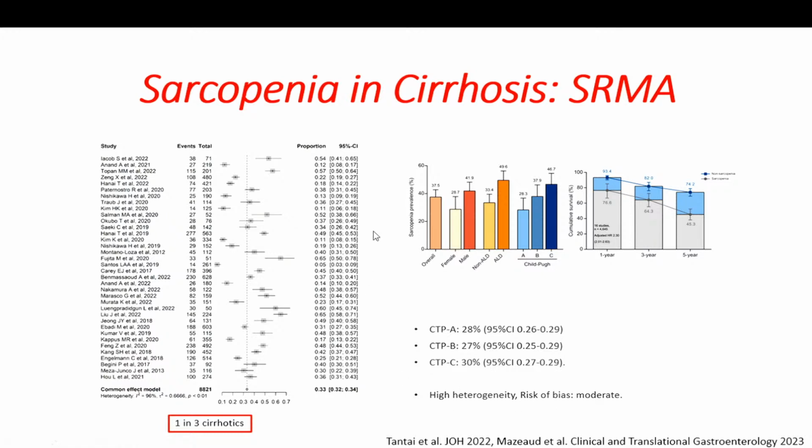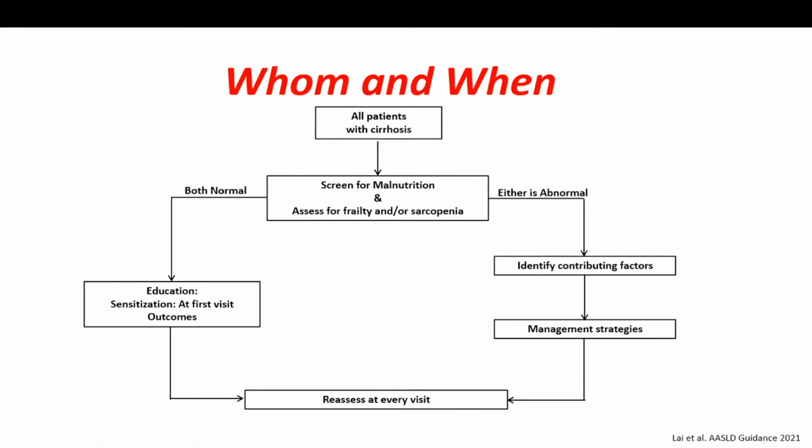So what comes from this data is that every patient you're seeing in outpatient or inpatient who has cirrhosis is at risk. So whom? Every patient. You need to talk to every patient with cirrhosis whom you see. You need to assess them, see whether they have sarcopenia or not, and make a plan.